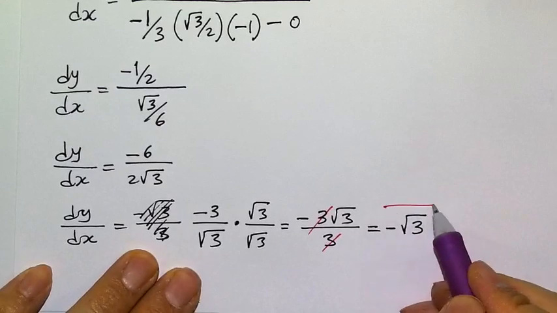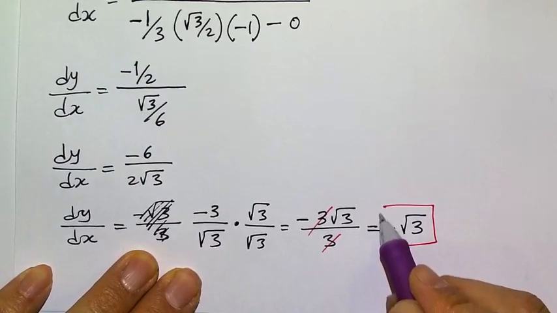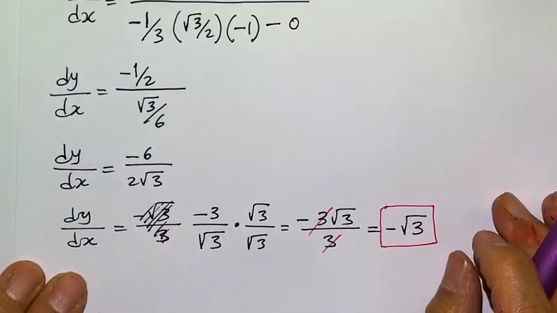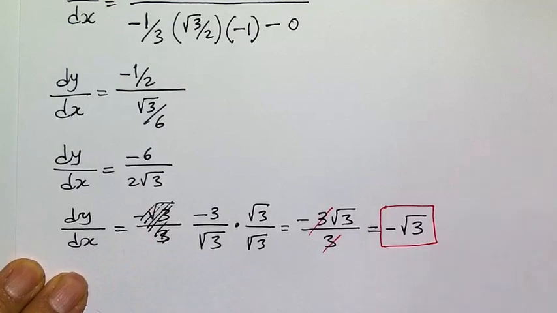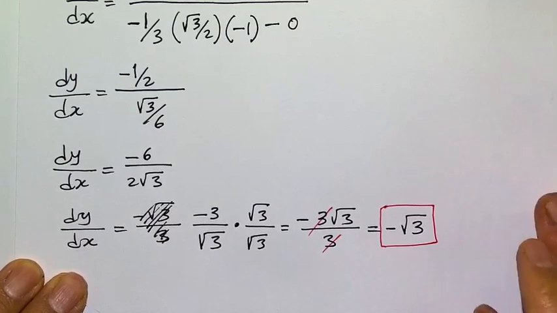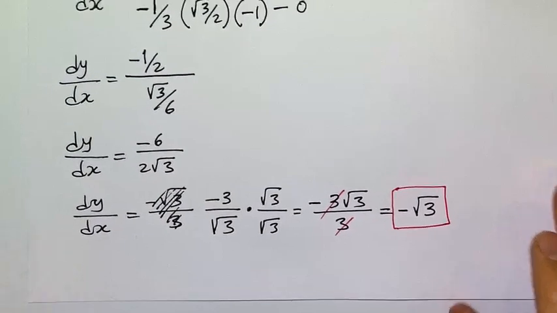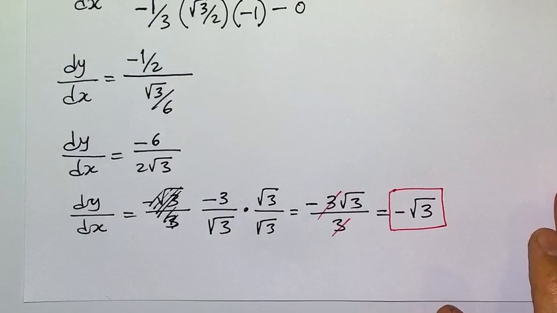Okay, so the slope of the tangent to that polar curve at theta equals pi is that.